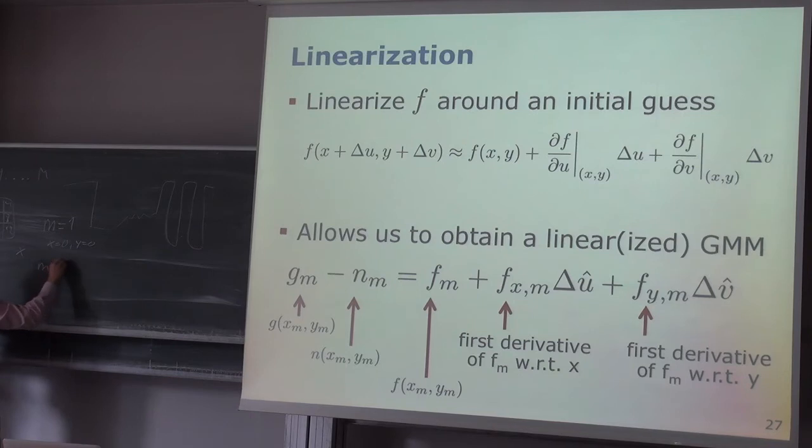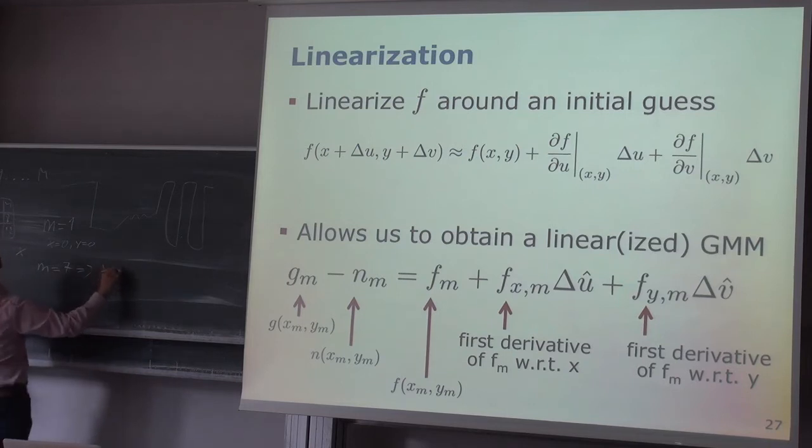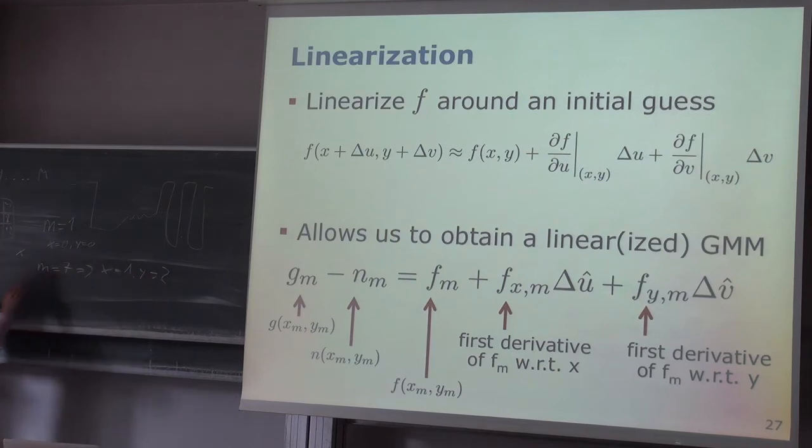M equals 7, for example, would be x equals 1, y equals 2. This is index 0, 1, 2, 3, 0, 1, 2. Okay, so x, yeah. Kind of clear what I meant? Okay.